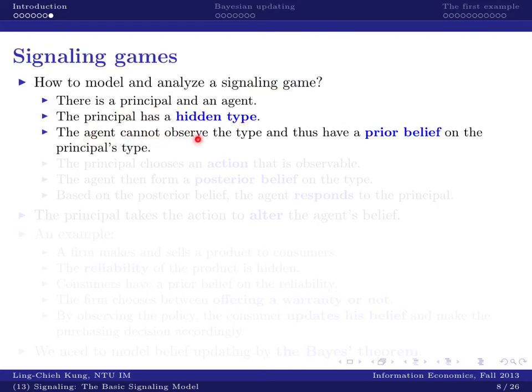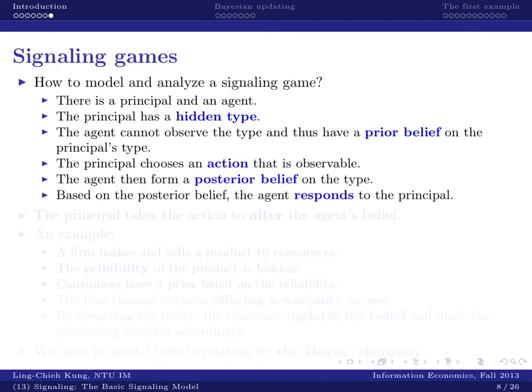The agent cannot observe the type, and therefore the type from the agent's perspective is a random variable. So the agent will have some belief on the principal's type. The principal will take an action that is observable, and according to this action, the agent will form a posterior belief on the type.